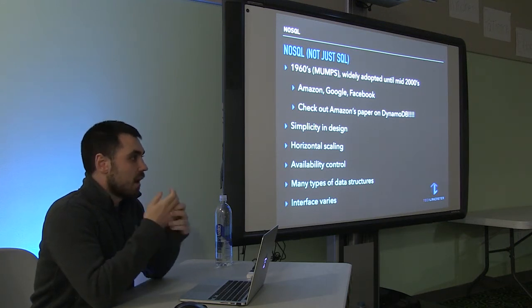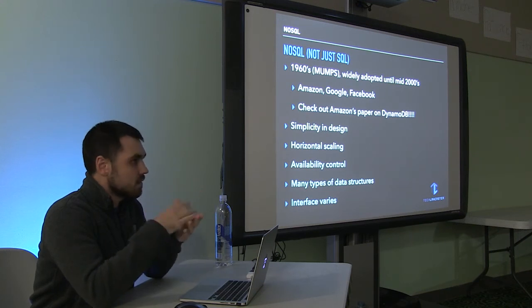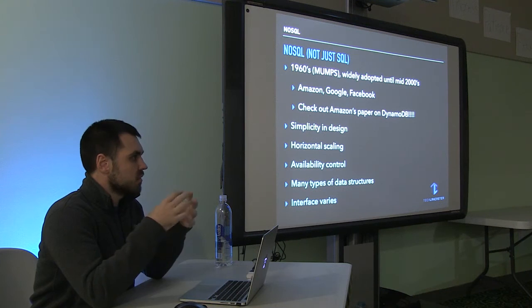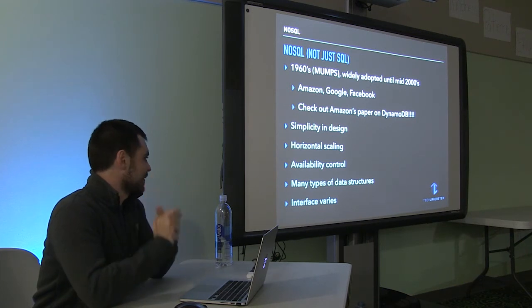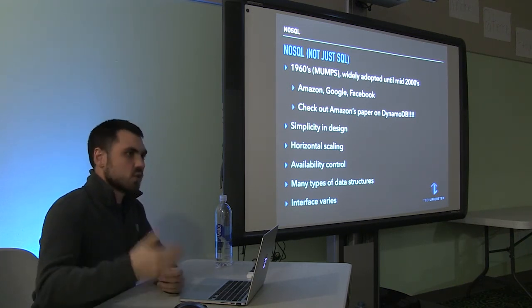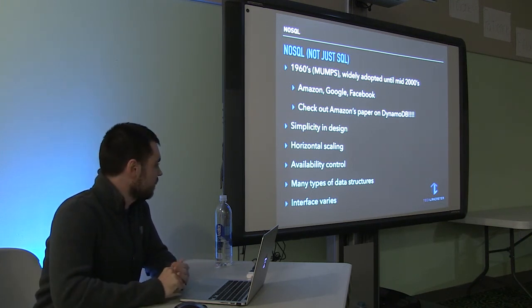It's "not only SQL." You could use SQL. Some of the backends of NoSQL databases are actually relational databases, but they're used in a way that's not standardized. They interface to the relational database for you and provide you an API to leverage it.